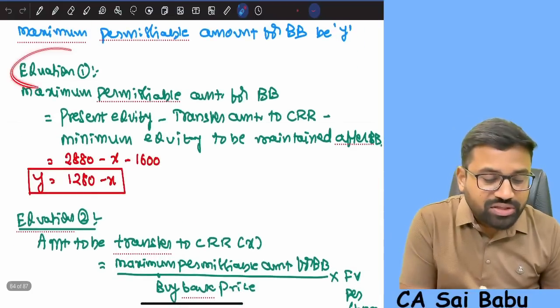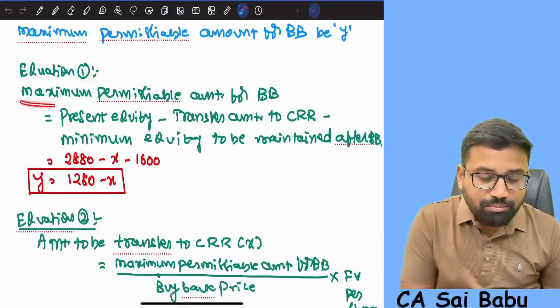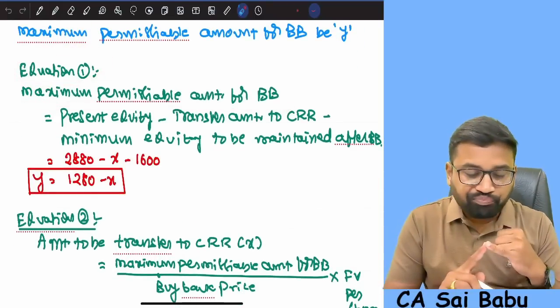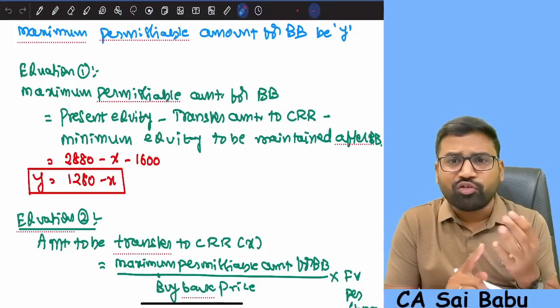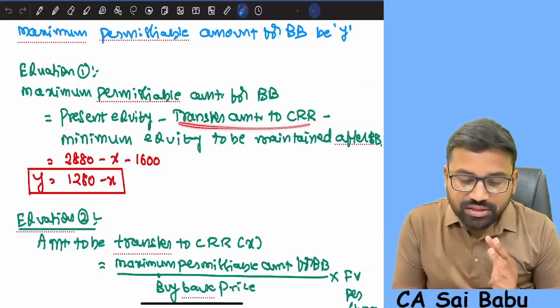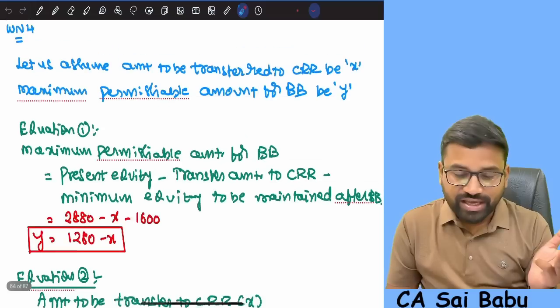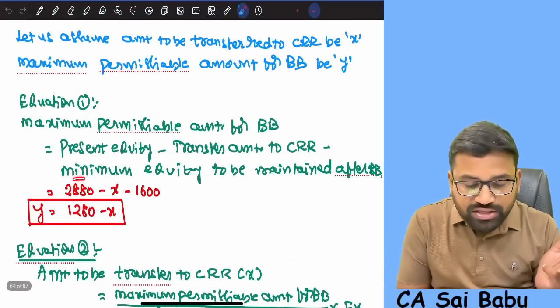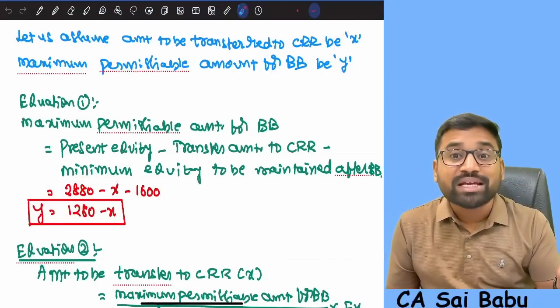Now I am framing equation number 1, the maximum permissible amount for buyback. How do you find it? Take present equity 2880, minus the amount to be transferred to CRR, X, which we assumed, minus the minimum equity to be maintained after buyback, 1600.